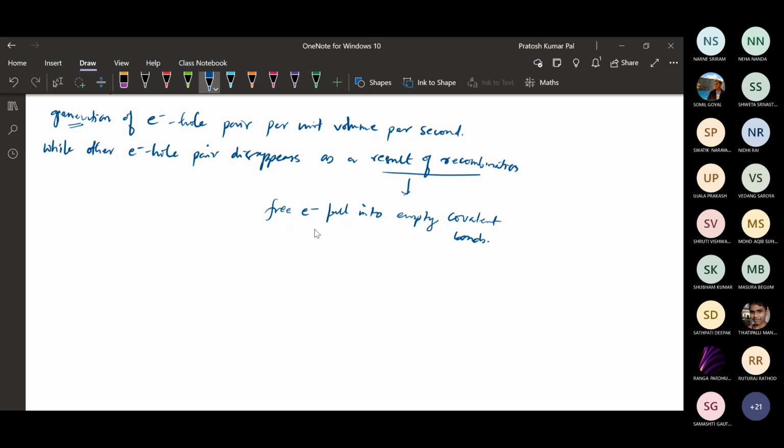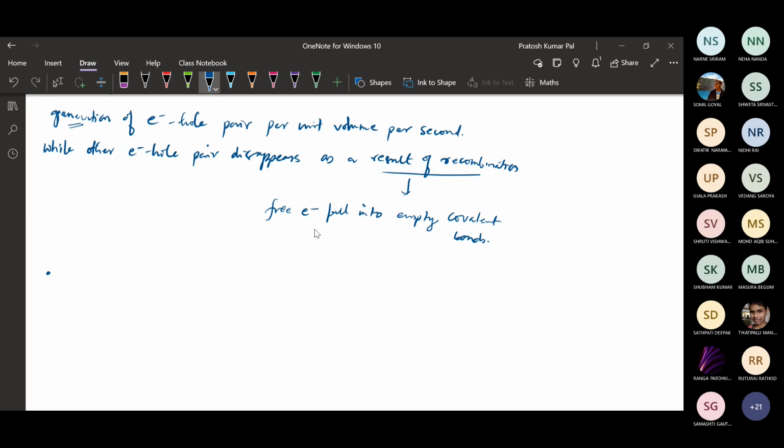So on an average, whatever holes or electrons were generated once we applied thermal energy, after removing the thermal energy they are again going to recombine with the available electrons or available vacancies, so that it reaches the equilibrium state again.